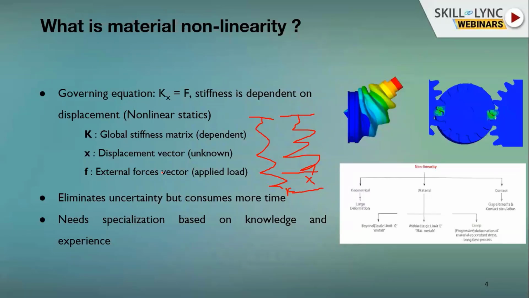Now, one question arises in our mind: why do we need material nonlinearity? Because with linear statics, it's quite easy to solve the problems, and we don't have to worry because the stiffness remains constant. There is only one magnitude of load which we are going to apply, in static condition, and we are going to get the results and check the stresses with respect to the yield.